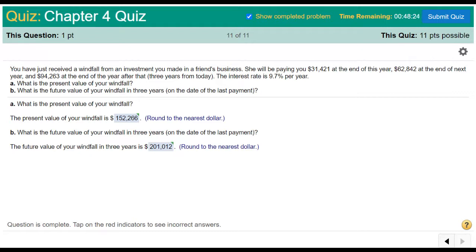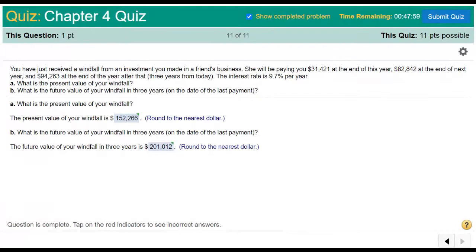So the first one, you're going to take the 31,421. As I said, I'm going to sound like a broken record. That's an old thing, you guys probably don't know what I mean by that, or a CD that skips. It keeps going over the same thing.